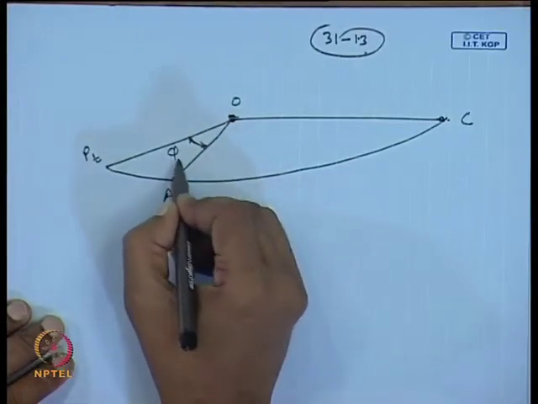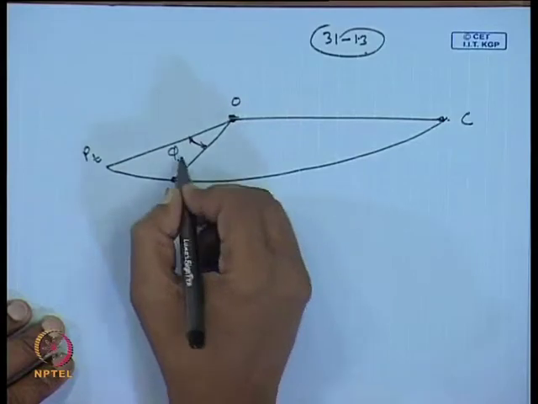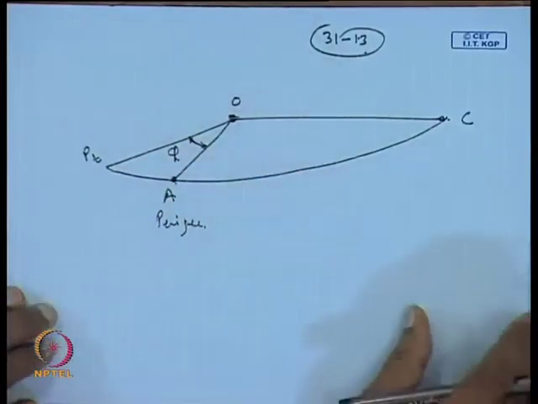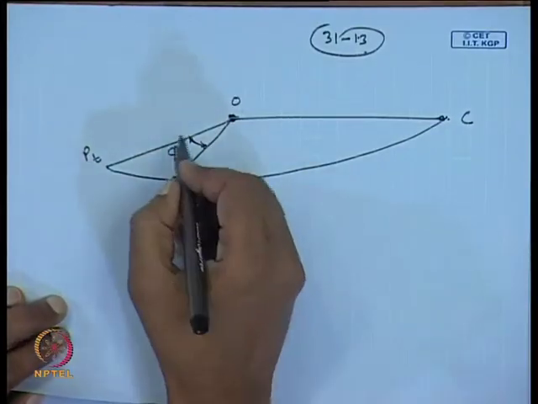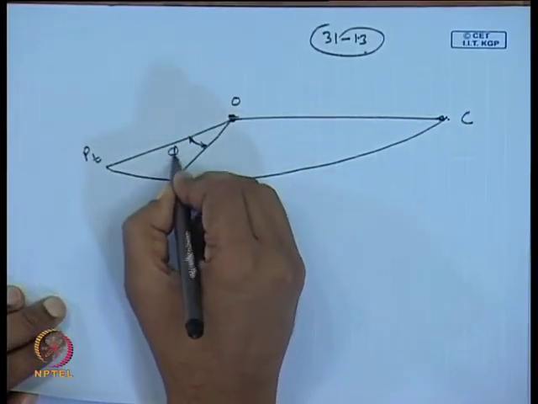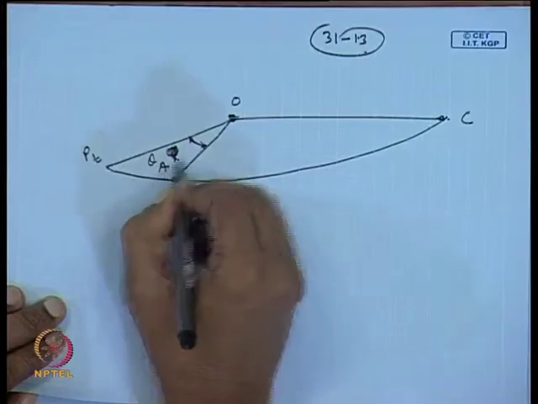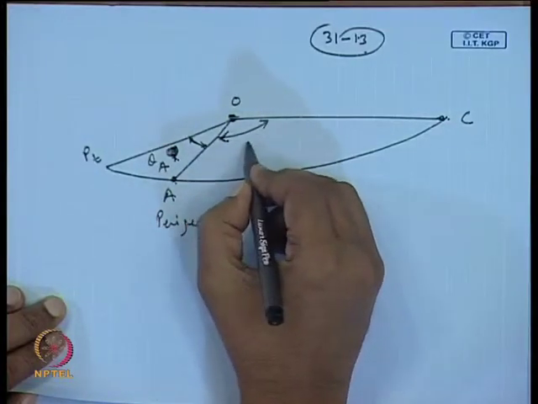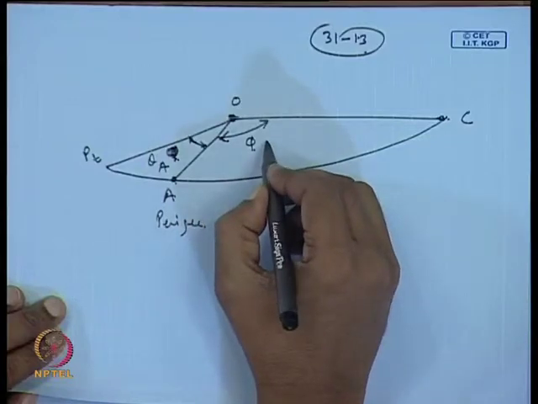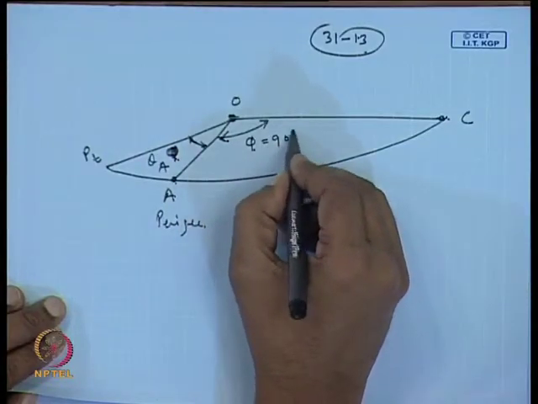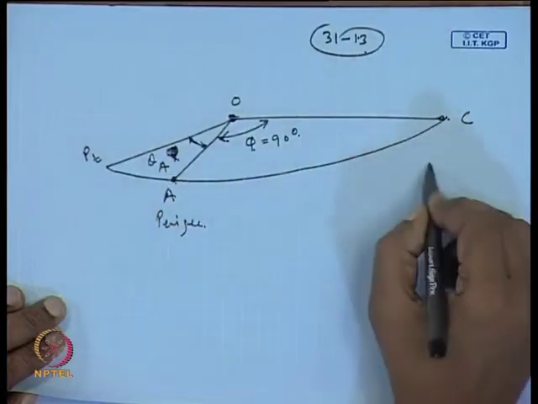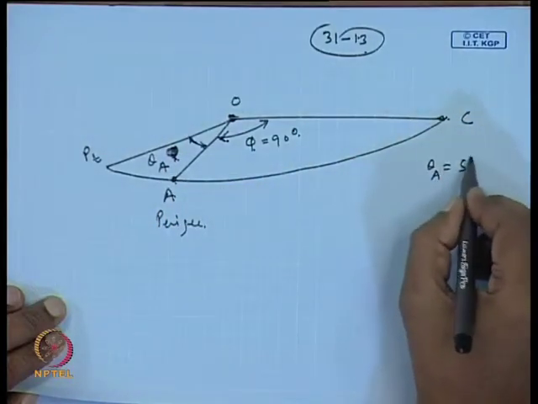This we have done just for convenience. Equally, this could have been a non perigee position, but it then becomes more complicated to do it as an example in the lecture class. So, this angle is theta A, and the angle from here to here we are writing as phi, which is nothing but 90 degree, and this theta A we assumed as 5 degree.